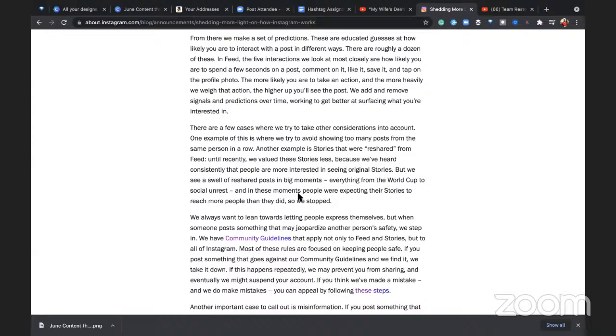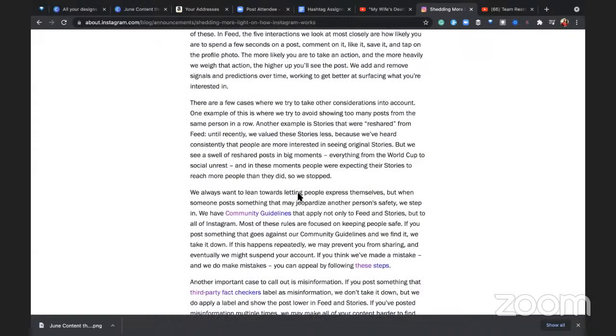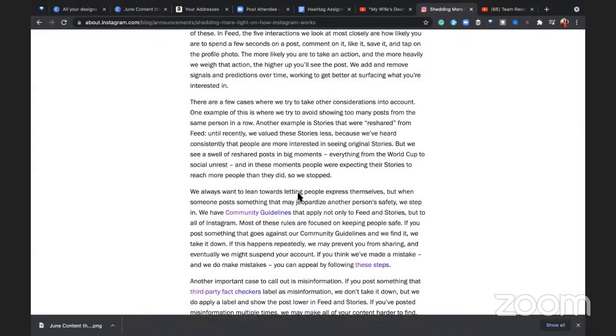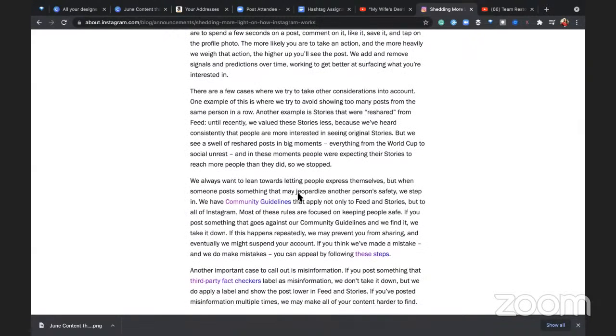Until recently, we valued these stories less because we've heard consistently that people are more interested in seeing original stories. But we see a swell of reshared posts in big moments, everything from the World Cup to social unrest. And in this moment, people were expecting their stories to reach more people than they did. So we stopped.